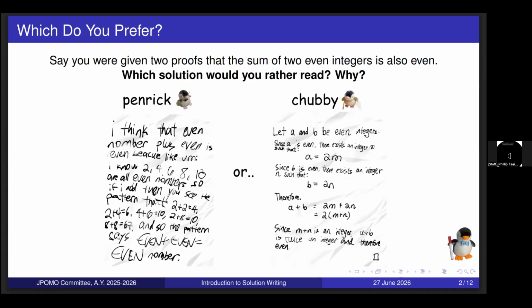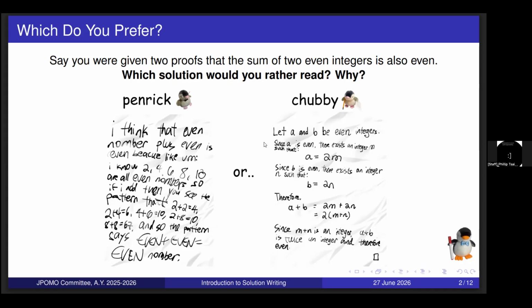That's true, 8 plus 8 is not equal to 67. But that alone can make Penrick's solution worse than Chubby's.